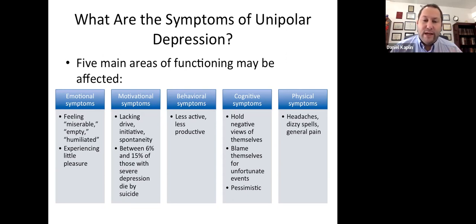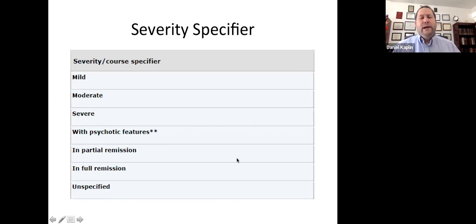I like to put it on this slide so it's a visual so you could see it all at the same time. Now, a person meets the criteria for a major depressive episode or a major depressive disorder. Now we have to specify what are the qualities of this depression.